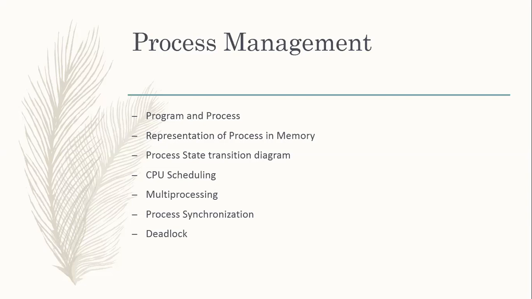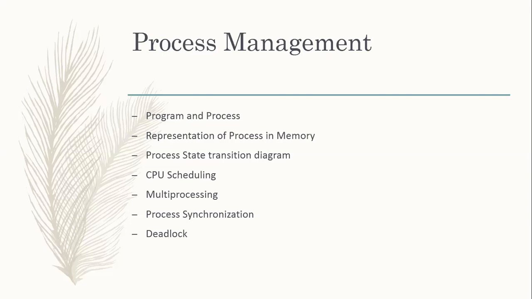And finally, we will move into the deadlock aspect: if one resource is demanded by multiple processes, how can it be given in such a way that all processes can achieve their task without any kind of deadlock or infinite waiting. So all of this we are going to study in process management.